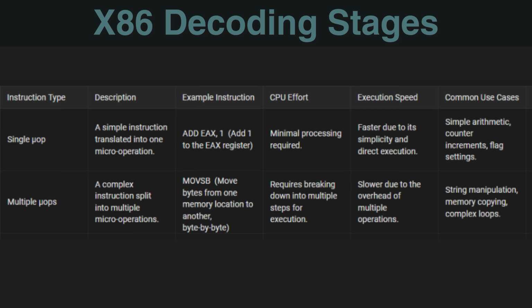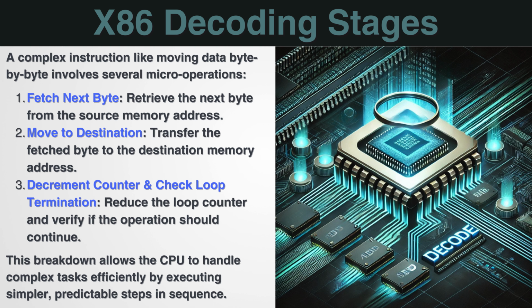An example of a complex instruction might be REP MOVSB, which copies a block of memory byte by byte, requiring multiple micro-ops. One micro-op to fetch the next byte, another micro-op to move the byte to the destination, a third micro-op to decrement the counter and check for loop termination.